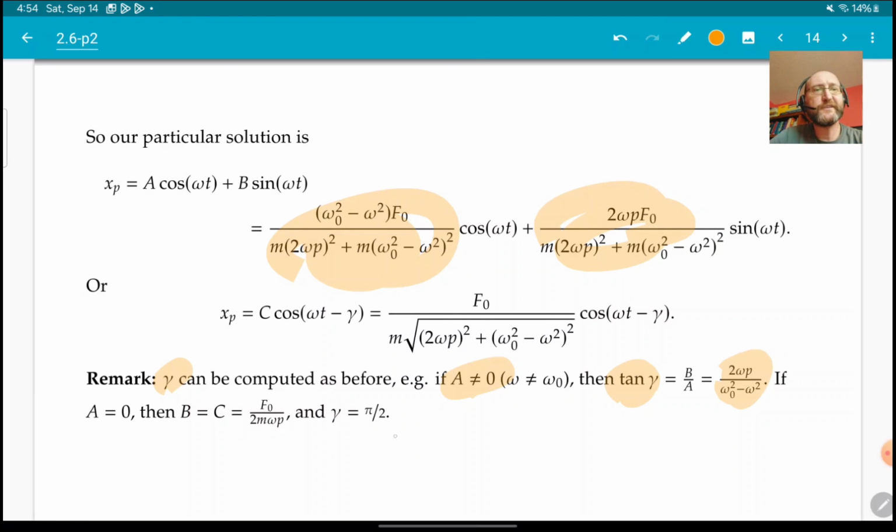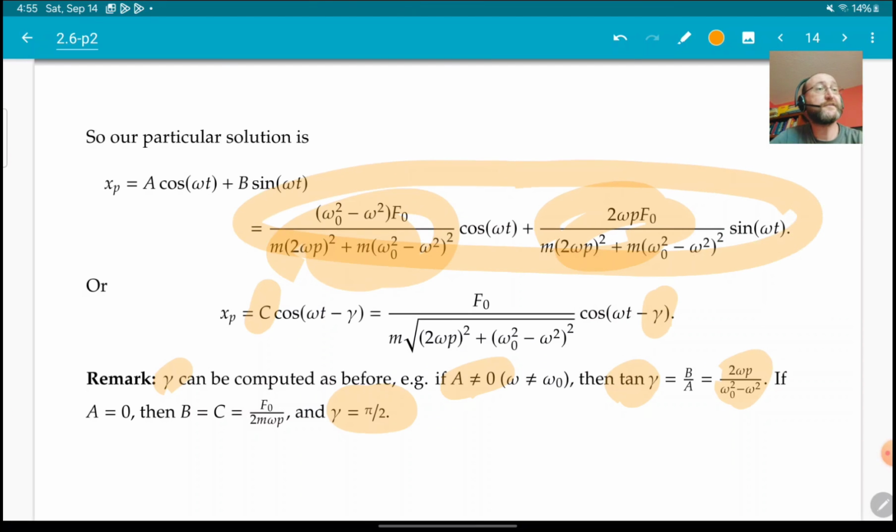If a is 0, then this gamma would be just pi over 2. But it's actually not that important to figure out gamma. We're mostly interested in c, in the amplitude. If you want the specific location of the mass, yeah, then you need to have gamma, or you could use this version. But what's important is how far the mass goes. It's actually quite often, more often than not, the more important quantity for these sort of problems.